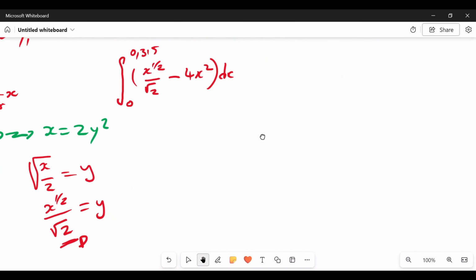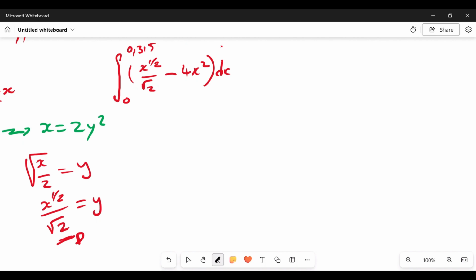Okay. Right, let's continue. Now we need to integrate this. If this is already simplified, let's integrate. Remember, these are definite integrals, and these are standard integrals. So you can say x to the power of half plus 1 divided by root 2, and then multiplied by half plus 1.